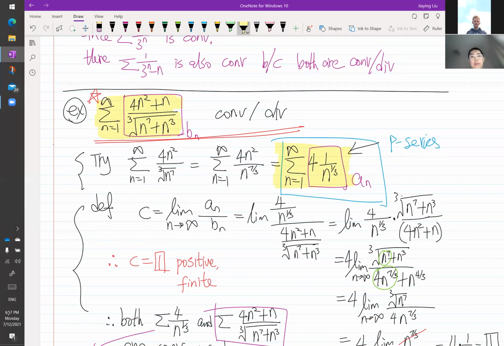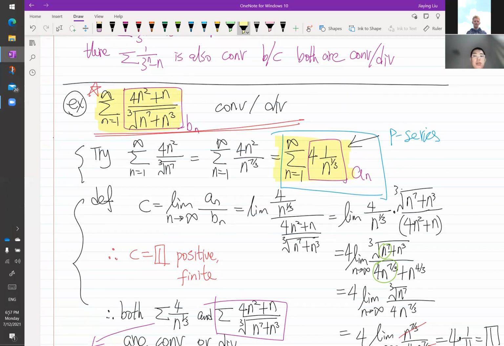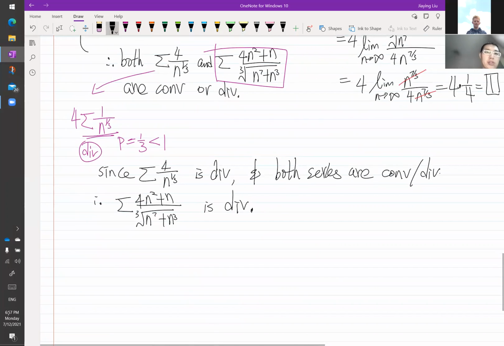So if it was negative, what does that mean? That they wouldn't be the same? They wouldn't be the same. So if C is not positive and finite, then they don't behave the same way. Like one will be convergent, one will be divergent. Okay, that makes a lot more sense. Yeah, if C is infinite or C is negative, so maybe I should write it down.